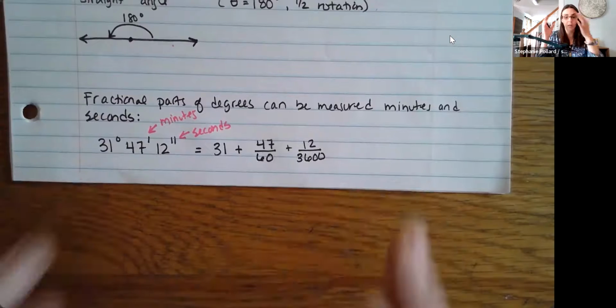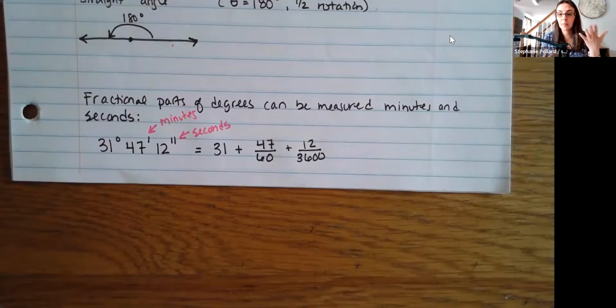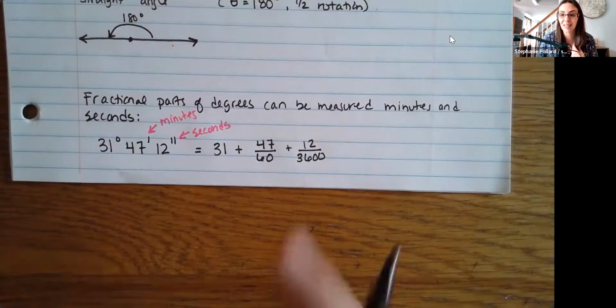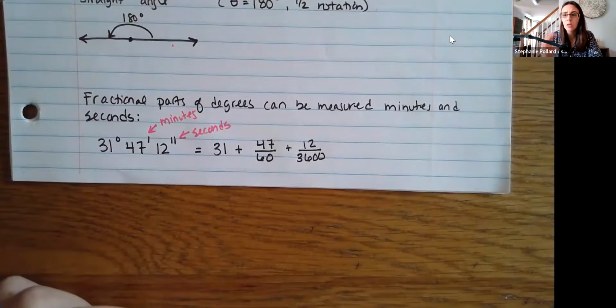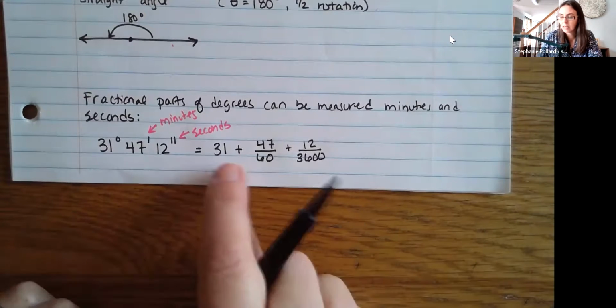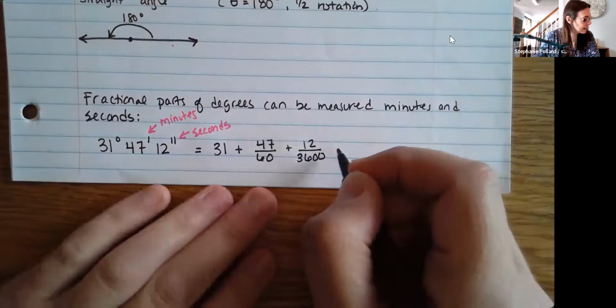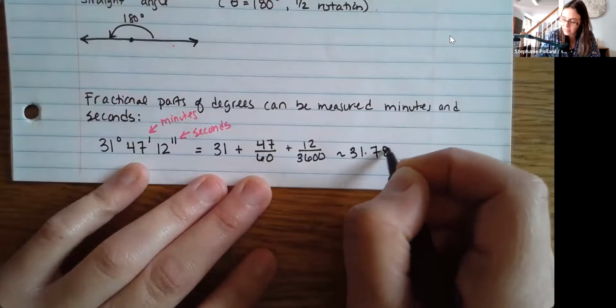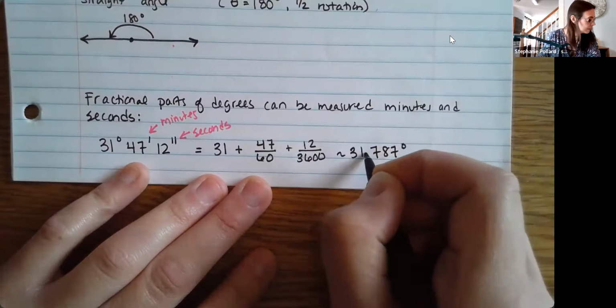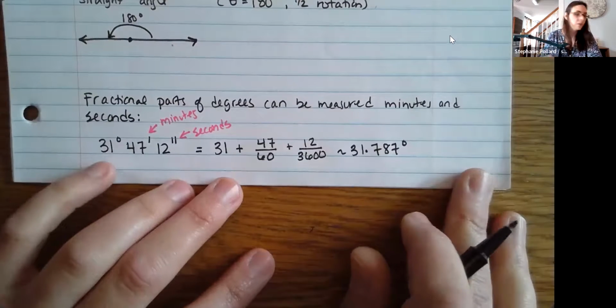If there's 60 minutes in an hour and 60 seconds in a minute, 60 times 60 is 3,600. So that's where that comes from. Then I would use our calculator. Plug these in, and what you get is about 31.787 degrees.